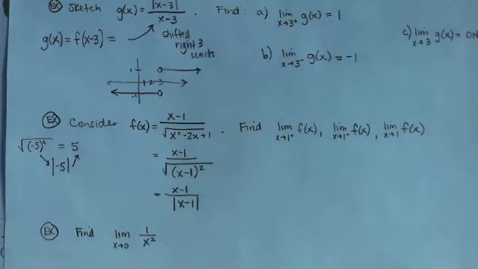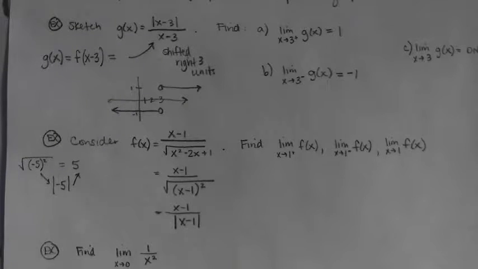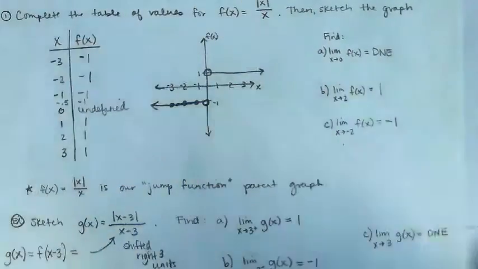Now, what do you notice about this graph? Yes, but also the absolute value is now in the denominator, not in the numerator. Do you think that's going to cause any changes? You mean like flip like that?